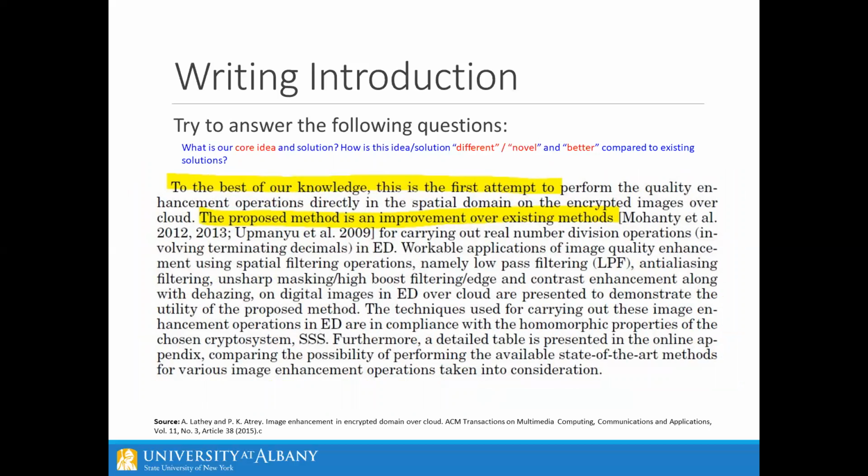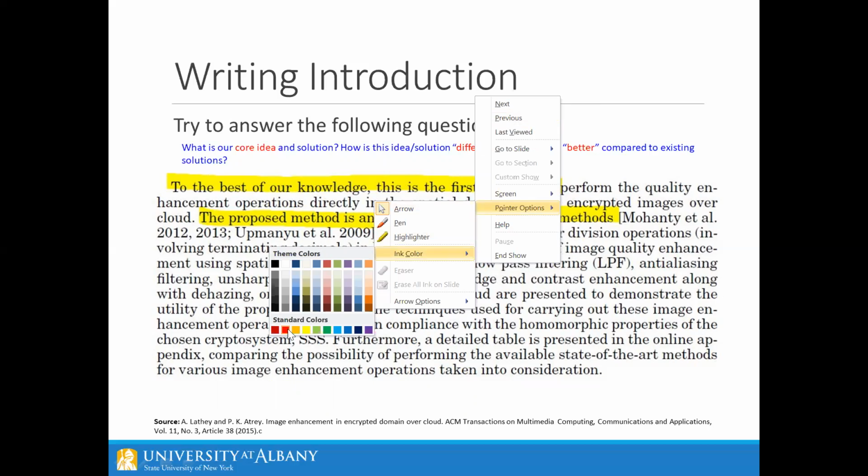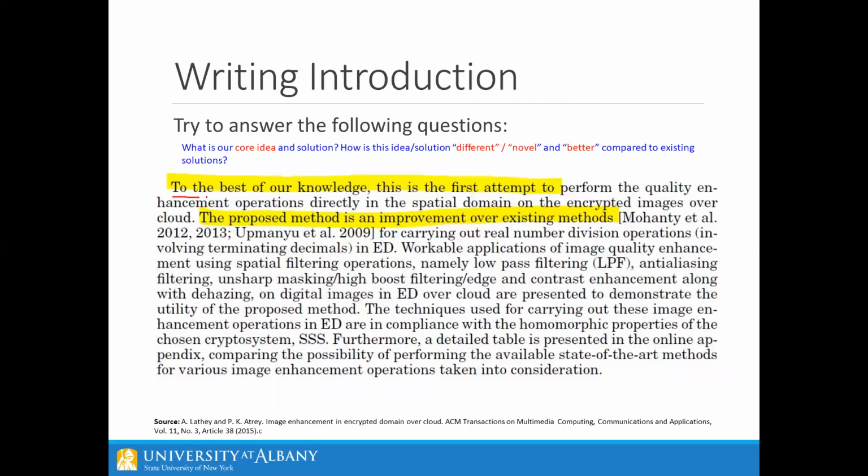We could also mention it like, to the best of our knowledge, this is the first attempt. So this is a very, very important phrase here, to the best of our knowledge. That means it is safe to say. You are not making a firm statement that this is the first attempt, but you say, as far as we know, or to the best of our knowledge, this is the first attempt to solve this problem.